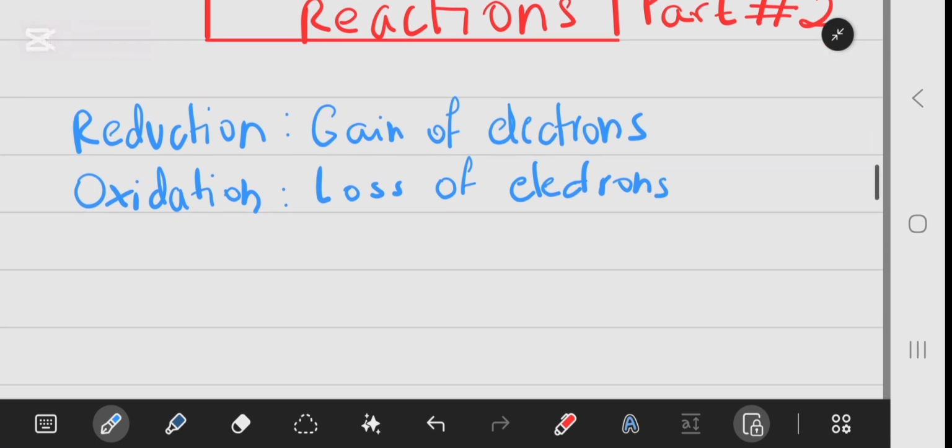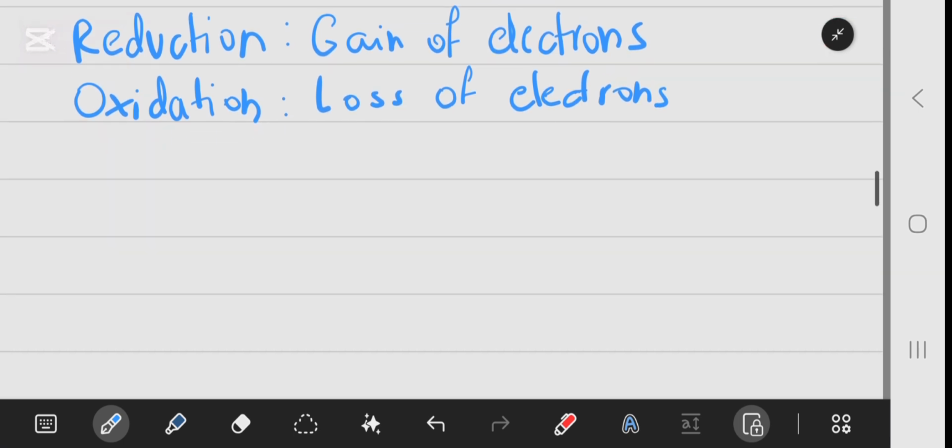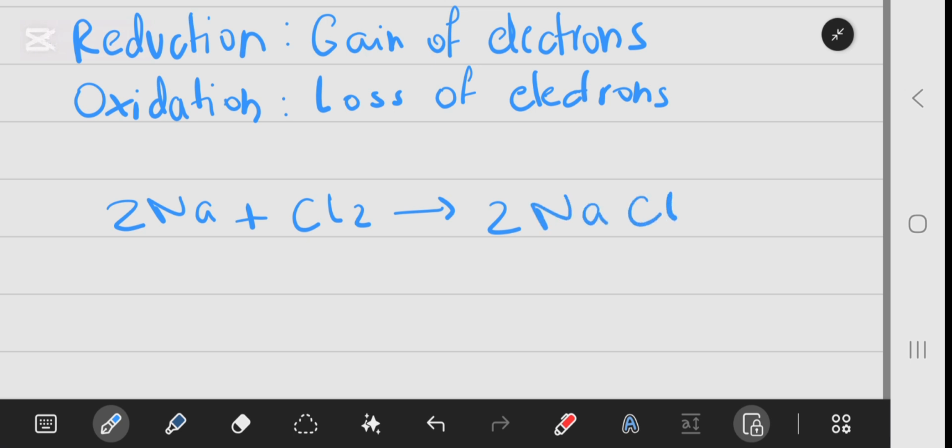So our first equation that we have is 2Na plus Cl2 gives us 2NaCl. Let's look at a few examples and try to understand what we are talking about here. Before we understand what's exactly happening in terms of gain and loss of electrons, we need to discuss a few things.